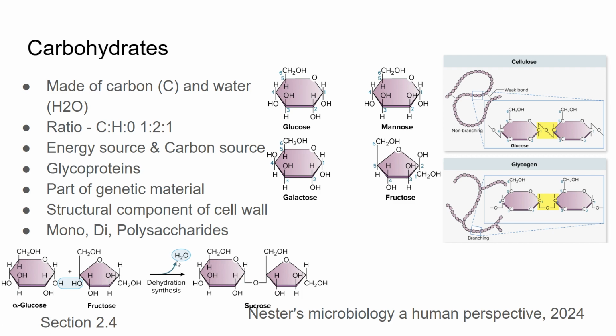So we'll remove a water and create a larger molecule. In this case, it would be a disaccharide, sucrose, which would be the combination of glucose and fructose. And we can even grow these longer and build different things like cellulose. That's going to help plants make their cell walls, or glycogen, and that is going to be how humans store sugar for use later.